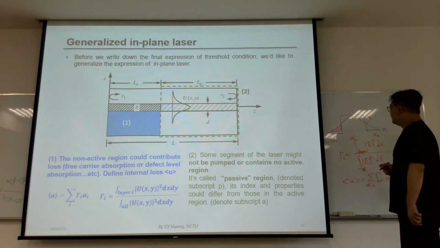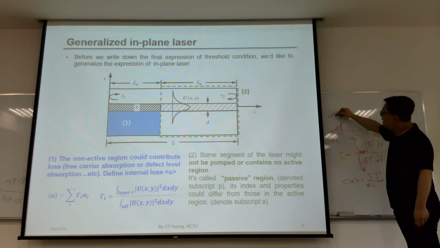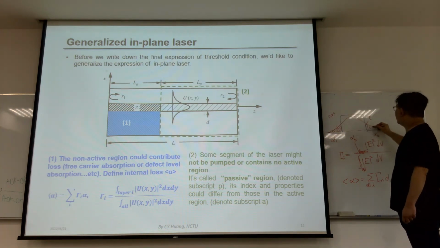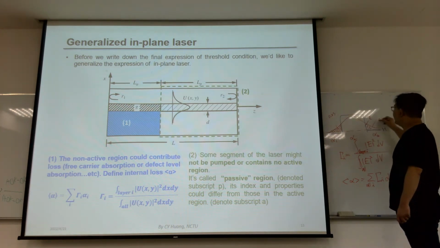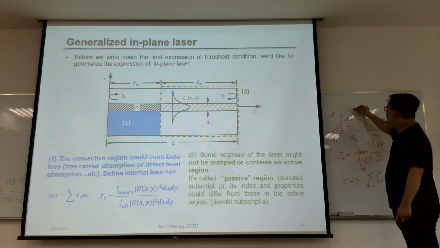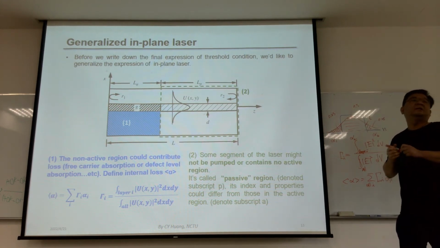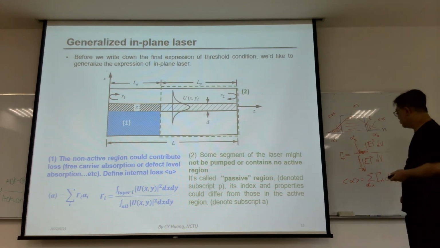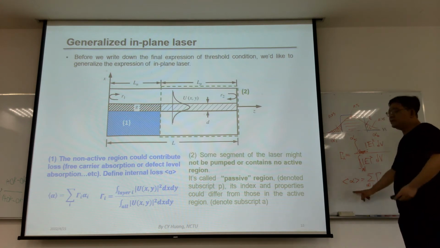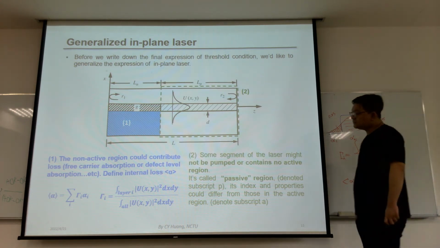For example, in this case, this part might be 0.25, and it's symmetric so this part is also 0.25, and the middle part probably is 0.5, something like that. The summation should definitely equal 1. Then you can calculate the total internal loss, layer by layer.